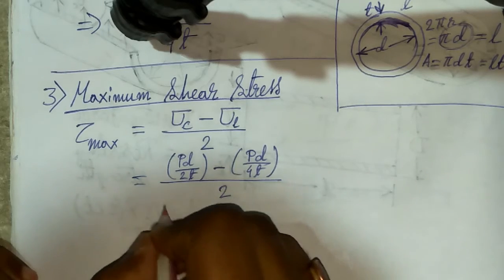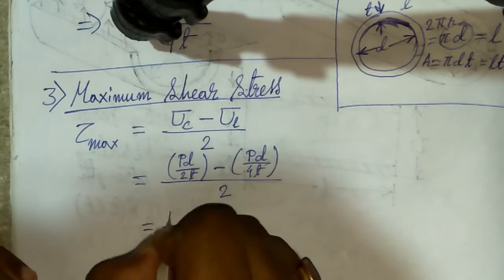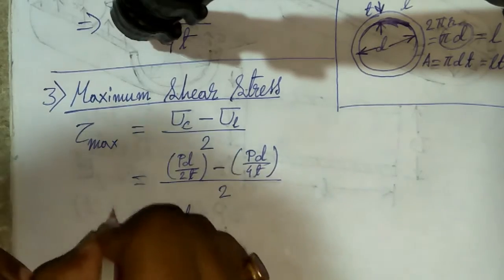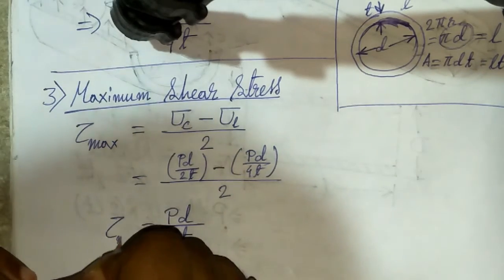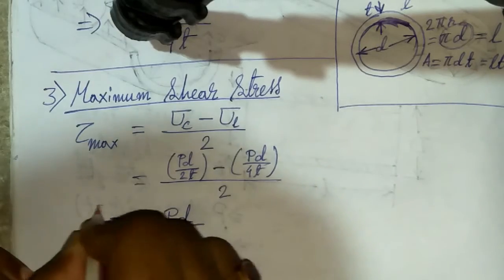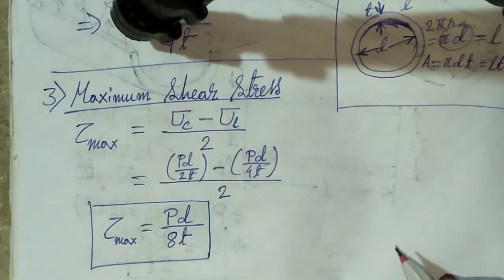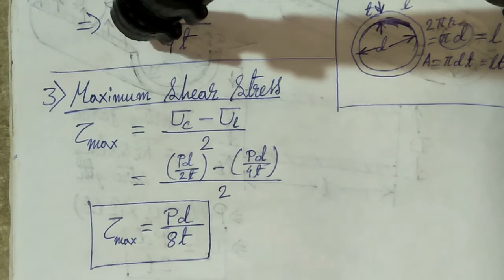So that becomes p d by 8t. This is the maximum shear stress for a cylindrical shell.